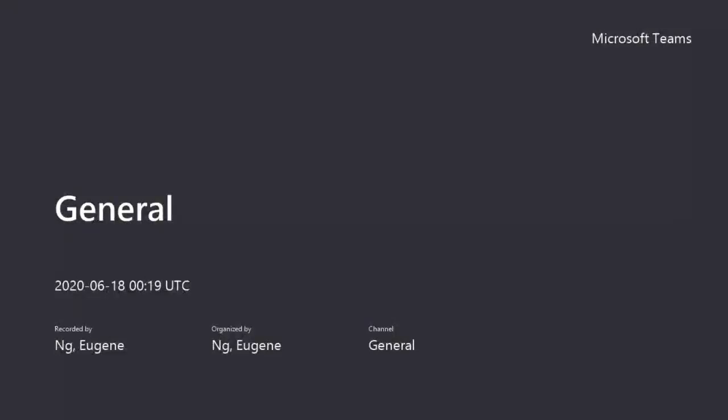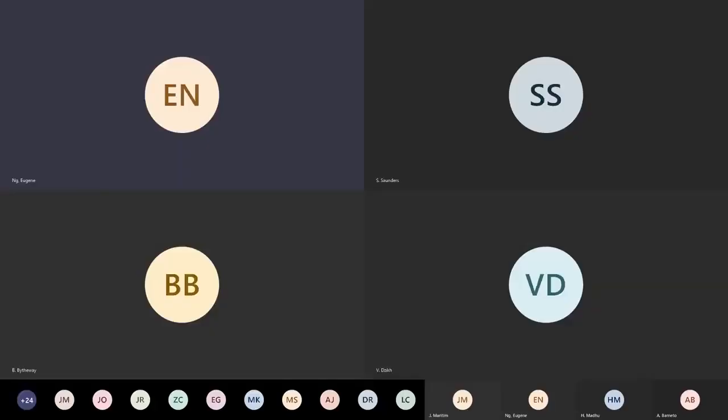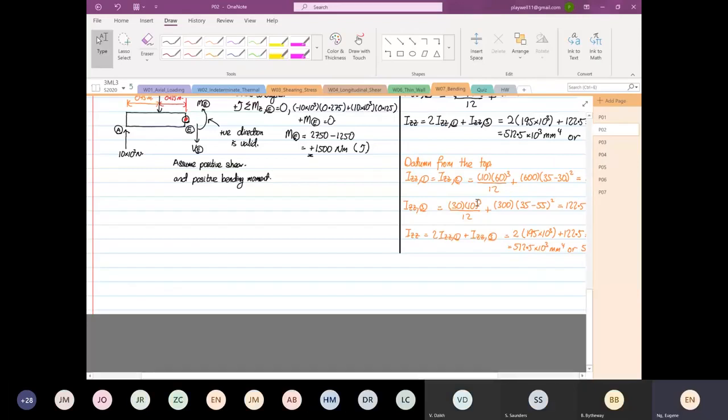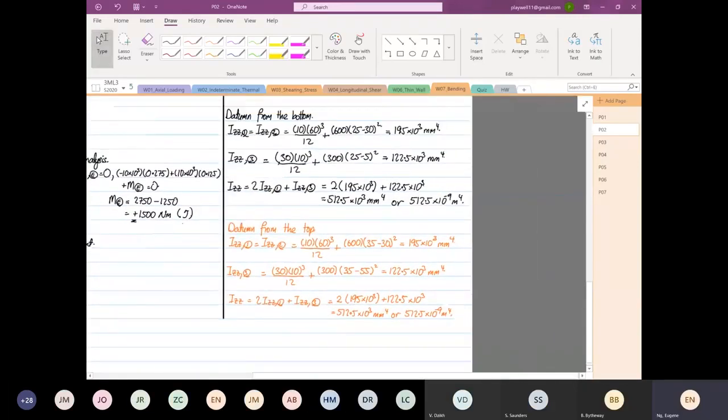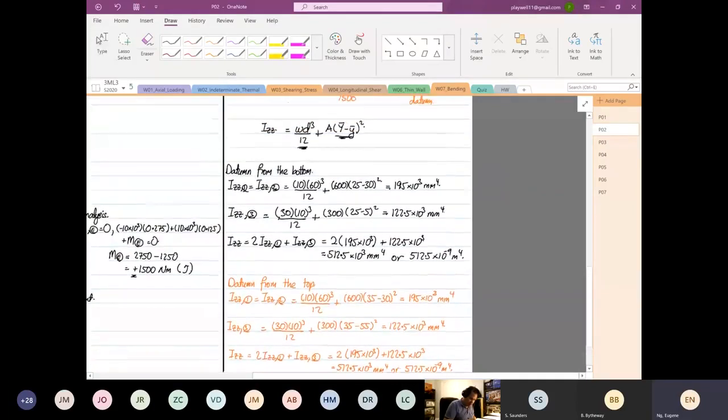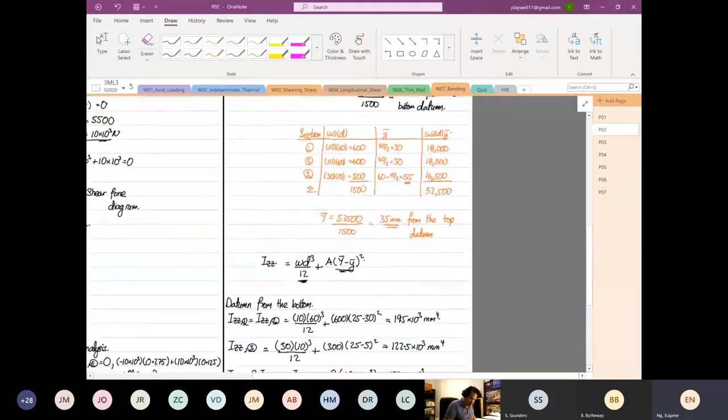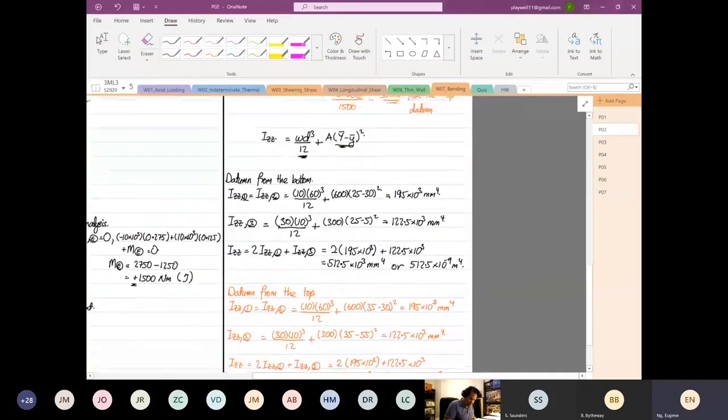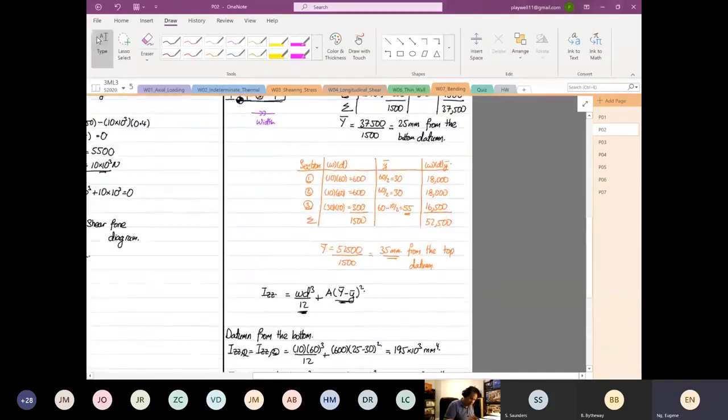So where we finish off from the break, I've just shown you that you can take second moment of area either from the top or from the bottom. Your answer will be the same. No doubt your centroid distances are different, but this is because of where your datum is.